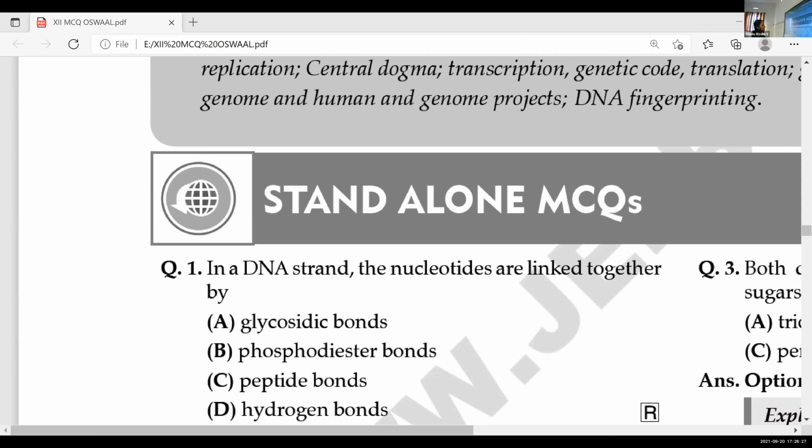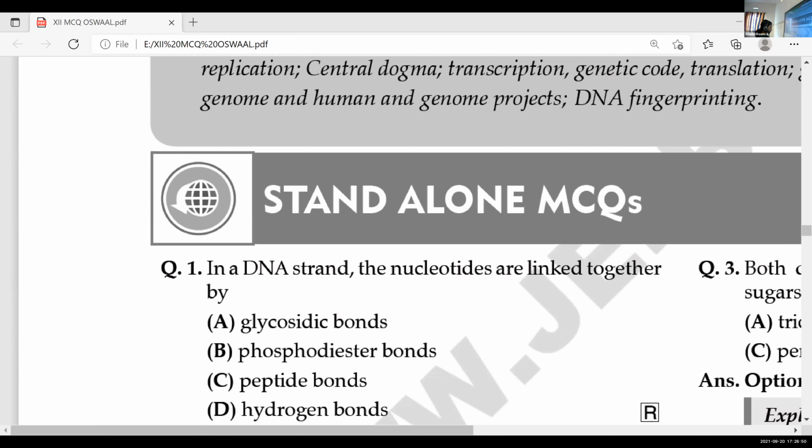Some of them are not very tricky. These are very simple. In a DNA strand, what links the nucleotides together? You know that DNA is a polynucleotide strand, so in a polynucleotide strand the nucleotides should be linked together. Which bond?